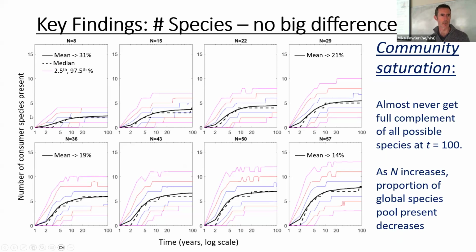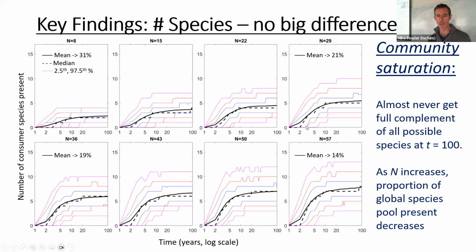So, as mentioned already, we can count things like the number of consumer species present. We almost never got the full complement of all possible species after 100 time steps. But as we increase the global species pool, we also find an increase in the final number of species that we ended up with.